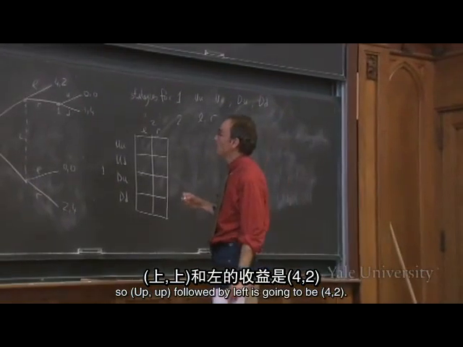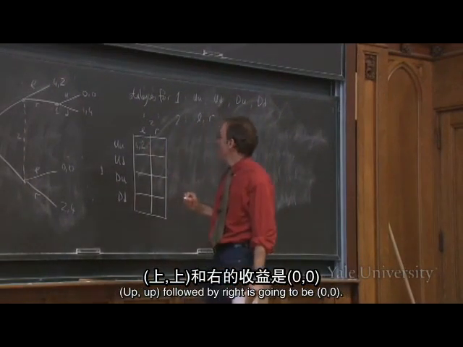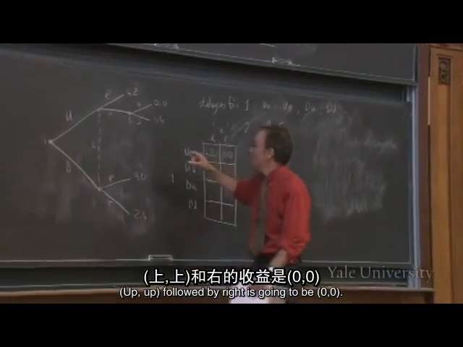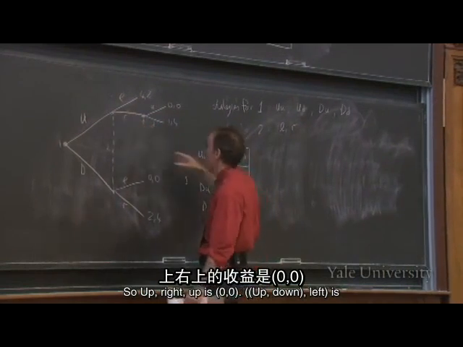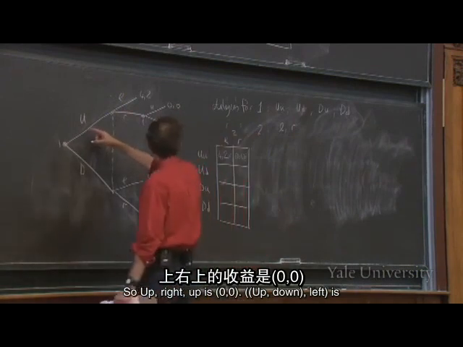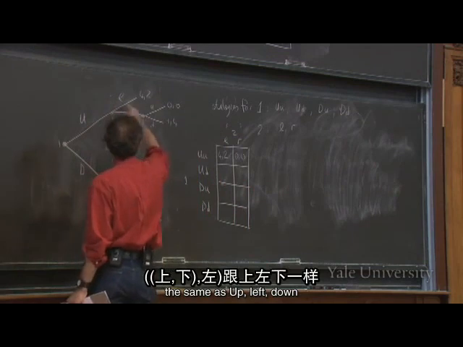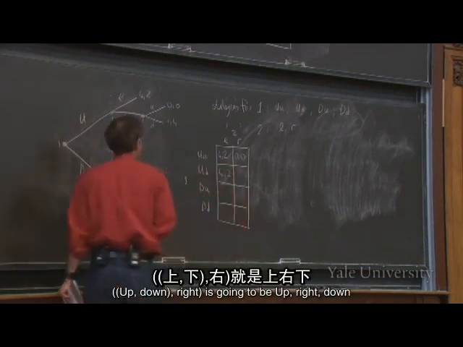So up-up, followed by left is going to be 4, 2. Up-up, followed by right is going to be 0, 0. It's very easy to think of it as up, right, up. So up, right, up is 0, 0. Up-down, left is the same as up, left, down. So it's again 4, 2.